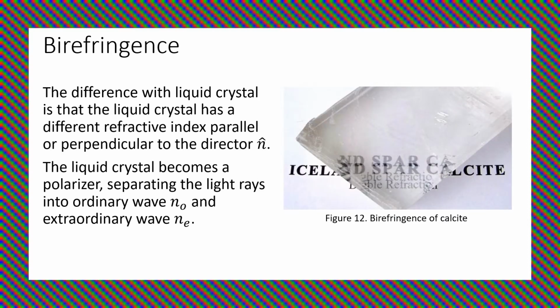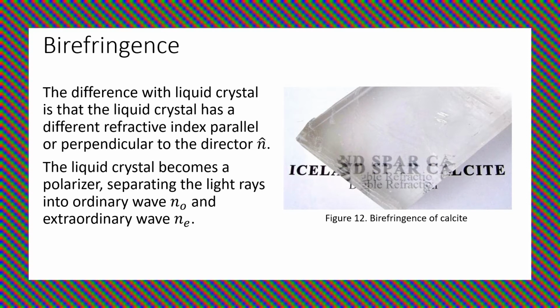But liquid crystals are kind of different, as a liquid crystal has two different refractive indices, one parallel and one perpendicular to the director n-hat. Figure 12 shows the birefringence of a calcite. It shows two different refractive indices. As you can see, there's one ray that's being bent more, one that's bent less, and one that passes through without a medium.